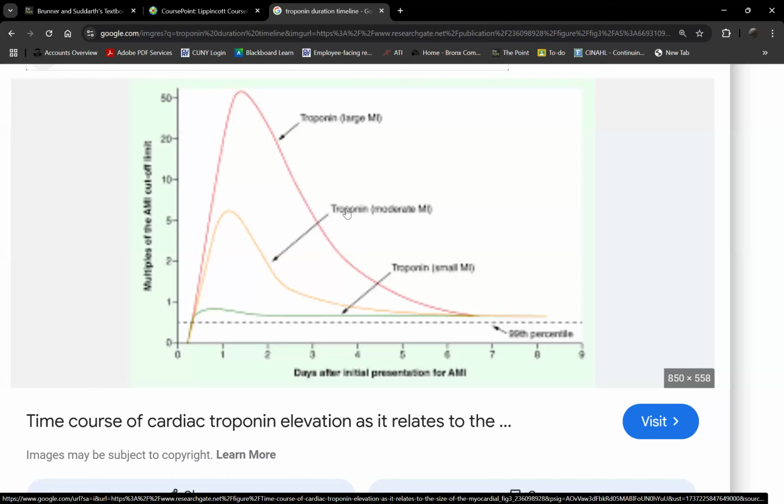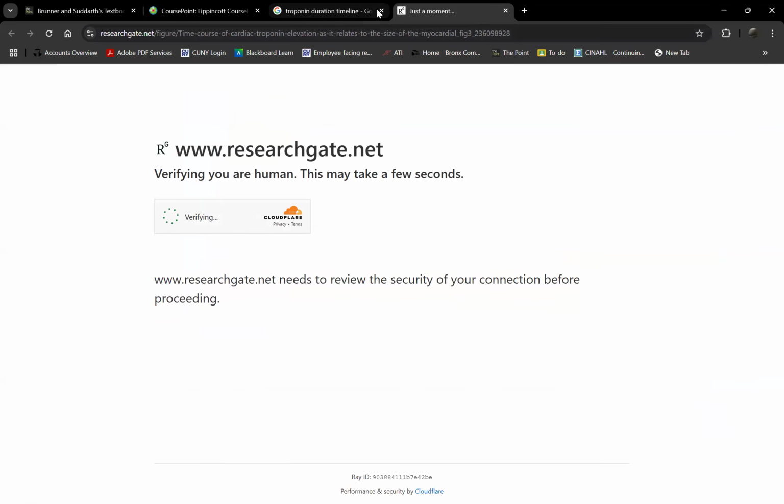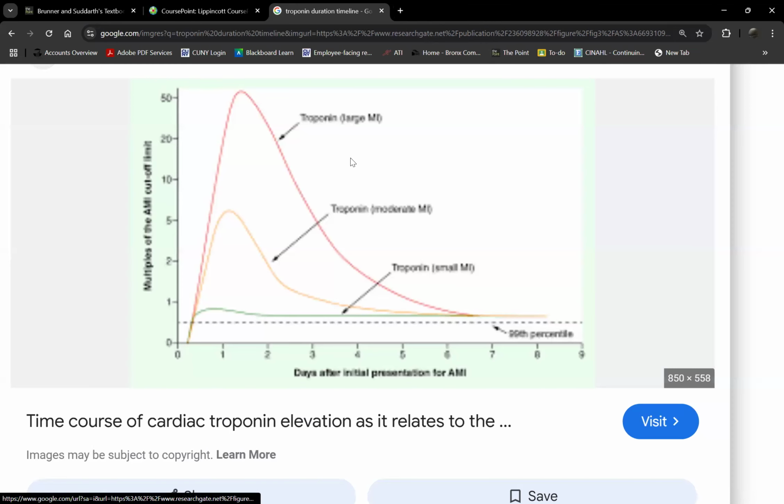Now, this is absolutely expected, because the dead myocardial cells continue to release it. But as long as there's no new dead myocardial tissue, the levels will start going steadily down.